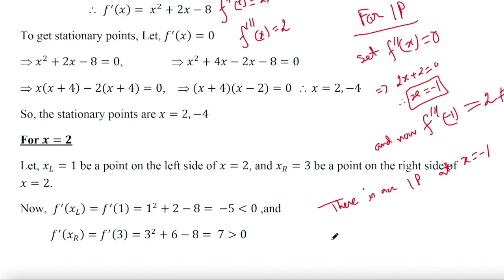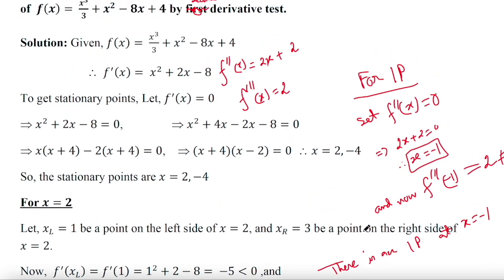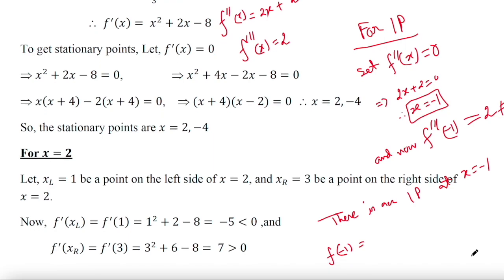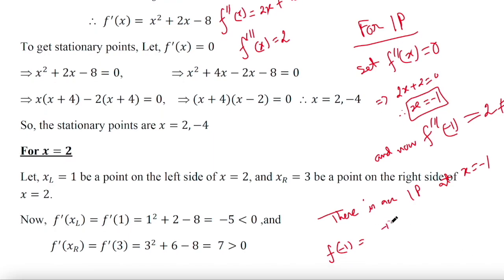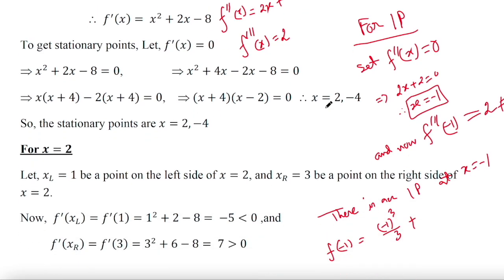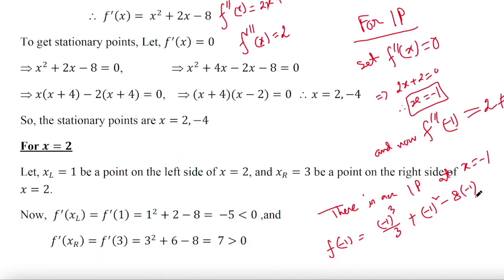Now the y coordinate of the inflection point will be f of -1 from the given function. f(-1) is equal to (-1) whole cube divided by 3 plus (-1) whole square minus 8 into -1 plus 4.